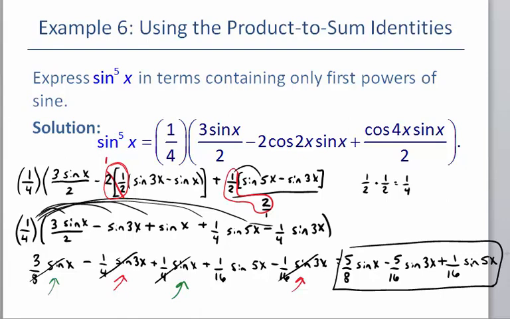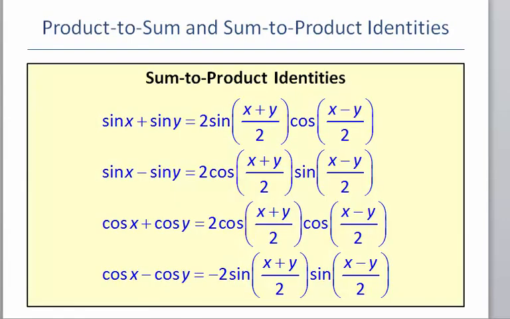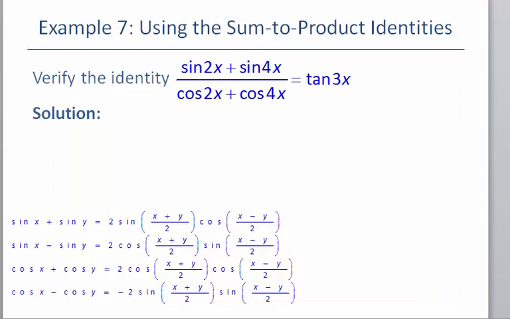All right, let's move on and let's look at one additional example. We need to bring in the idea of the sum to product identities, which you can now see on your screen. And again, we're going to look at an example to try to see how we use these identities. So our example says that we want to verify the identity sine 2x plus sine 4x over cosine 2x plus cosine 4x is equal to tangent 3x.